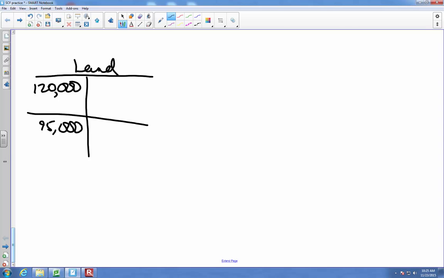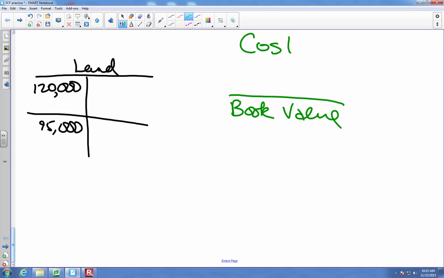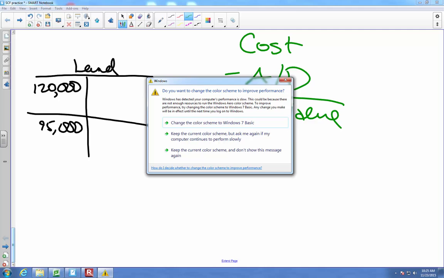So now let's do another little refresher. What exactly is book value? What minus what? Cost minus accumulated depreciation.